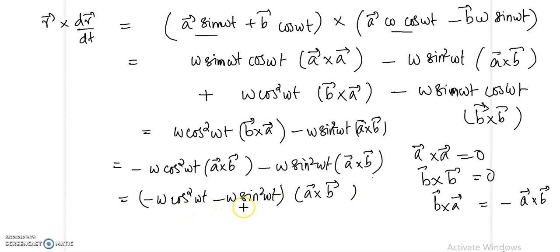Now cos square omega t plus sin square omega t is 1, so you get minus omega a cross b. Now minus omega a cross b will be equal to minus omega a cross b.